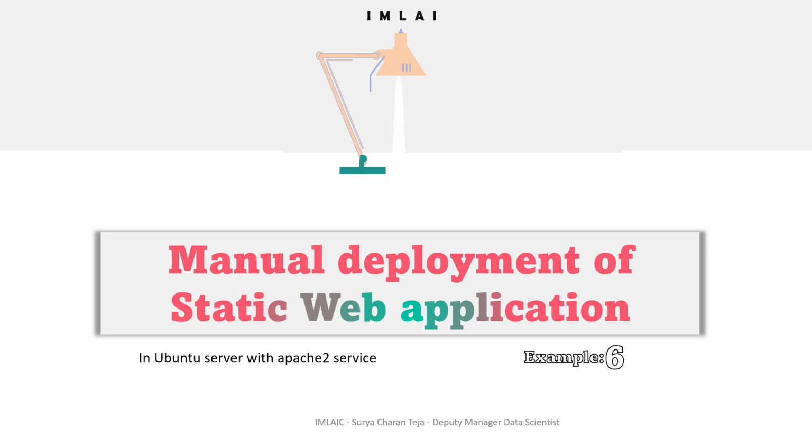The reason behind this is I want to show you the manual deployment, so that I can show you each step that we follow in deploying a static web application manually, and we will note down all the activities or steps that we have taken in deploying that application manually.